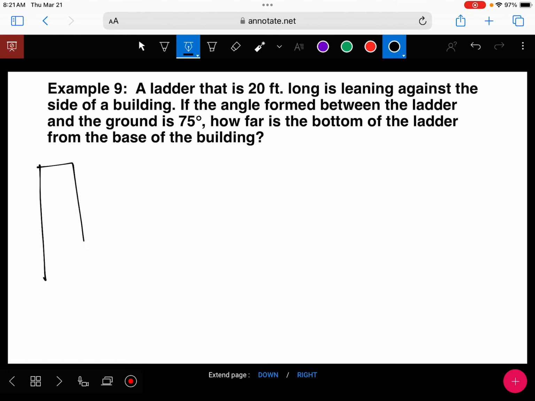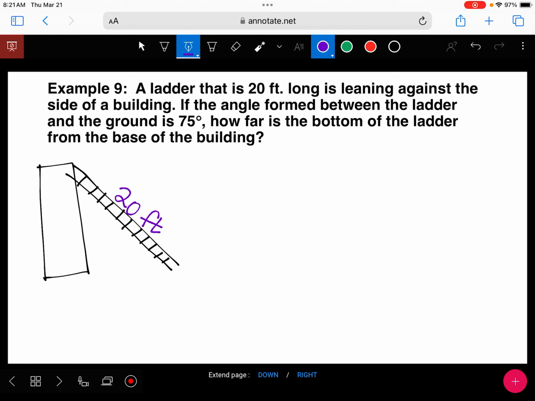So I'm going to draw myself a building. And then I have my ladder. So I draw my ladder. And it says the ladder is 20 feet. So this is my ladder. That ladder is 20 feet. And it's leaning against the side of the building.